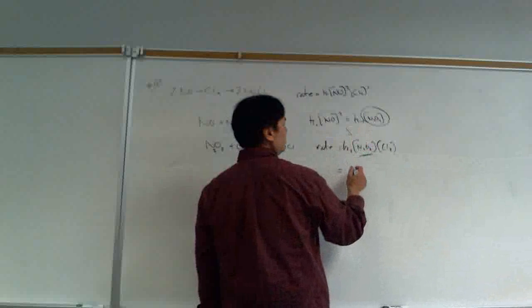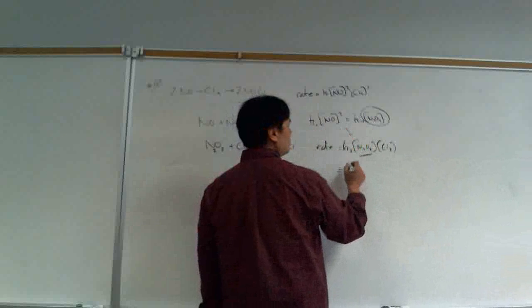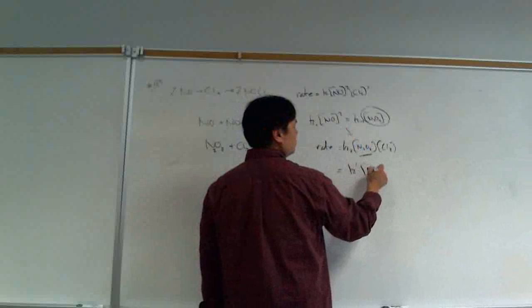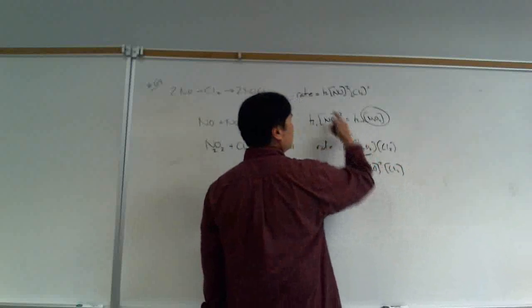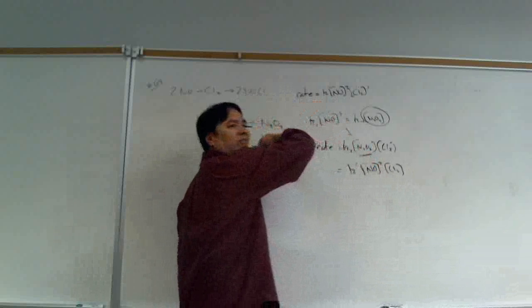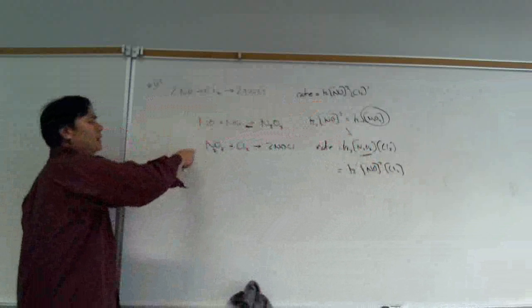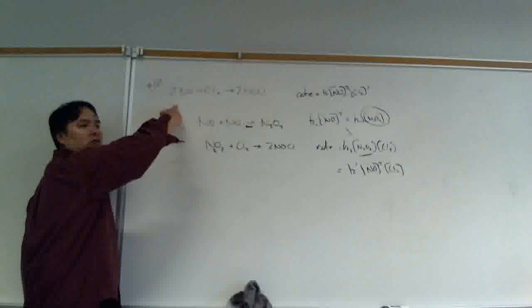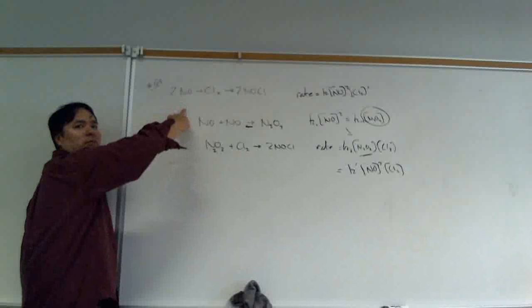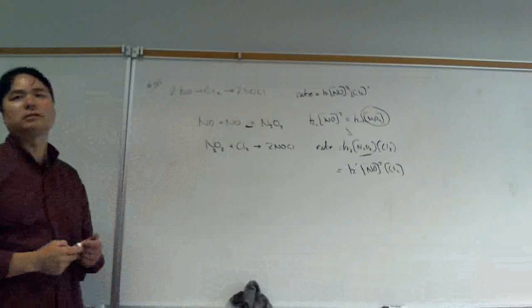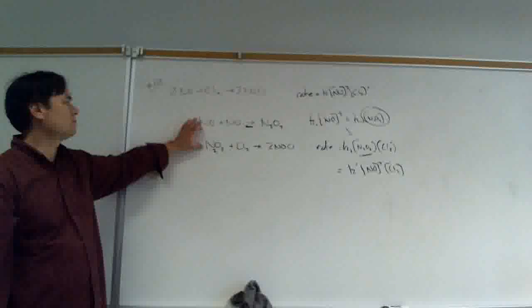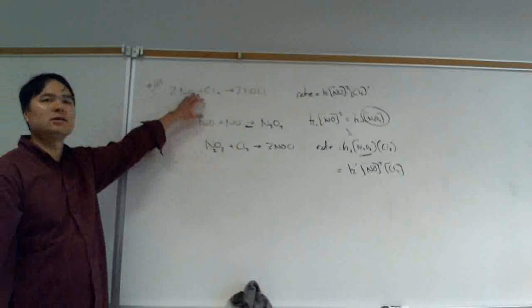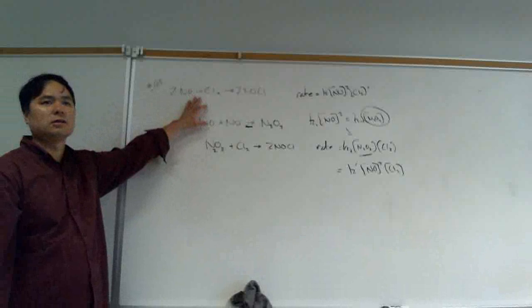So this comes out k'[NO]^2[Cl2]. So we get the same rate law, but with a bimolecular collision instead of a termolecular collision, right? Which is better, or more probable? The bimolecular. So this mechanism is probably more likely than a single collision.